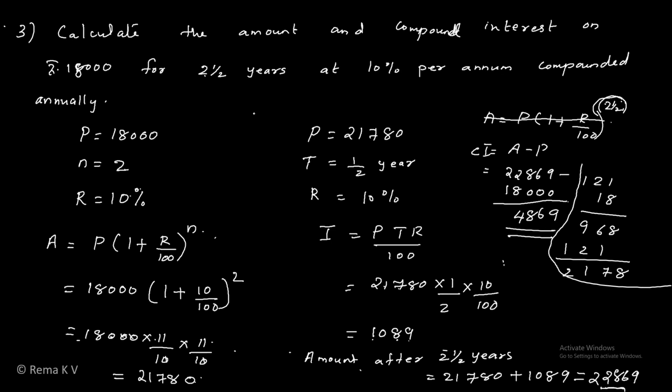So remember, when you are calculating the compound interest or amount and the time period is not given as a whole number, first you have to consider the whole number and then apply the formula. Then for the next half year you have to find the simple interest. Is it clear?